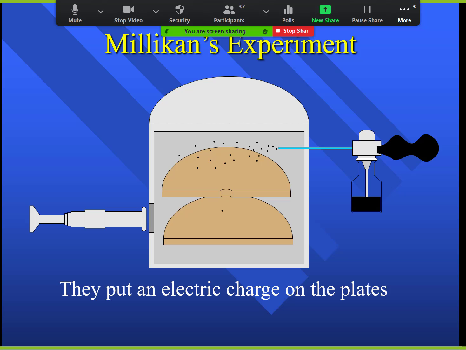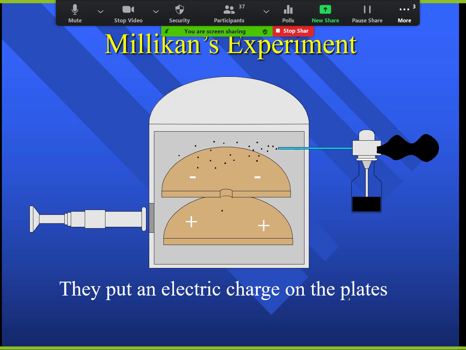Then he put charges on the plates. That's why the metal plates are inside. He made the bottom one positive and the top one negative. So this little drop with its positive charge is going to be pushed by the bottom and pulled by the top, because opposites attract and likes repel.